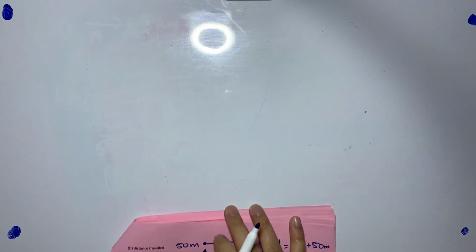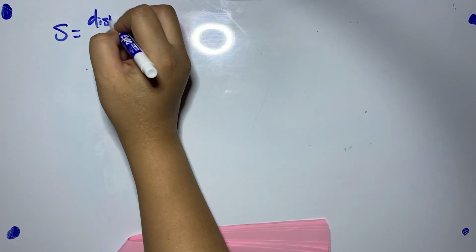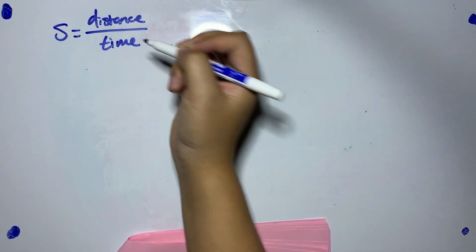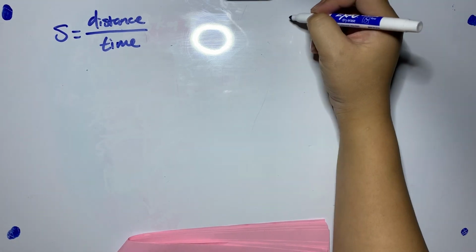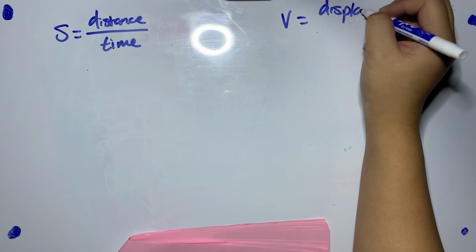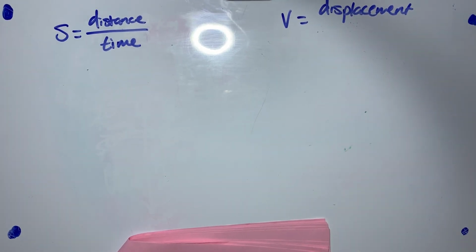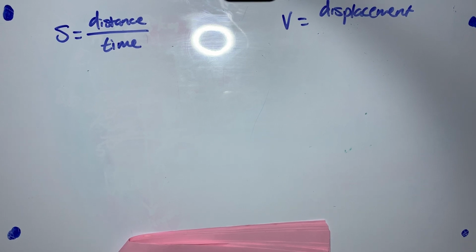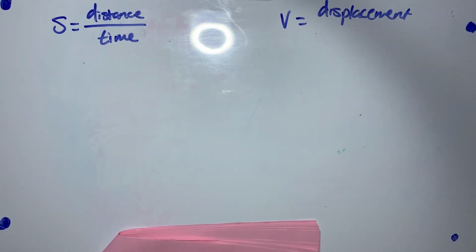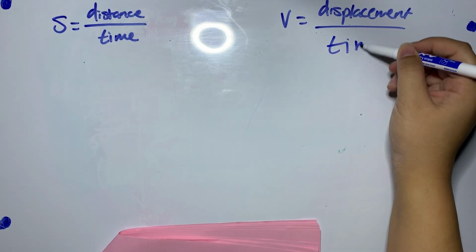So let's do this. Speed is equal to distance divided by time. Velocity is equal to displacement divided by time.